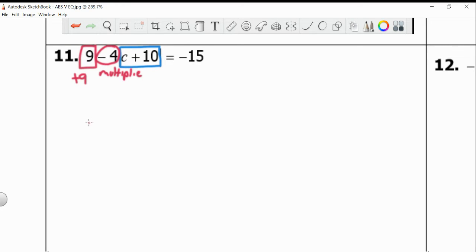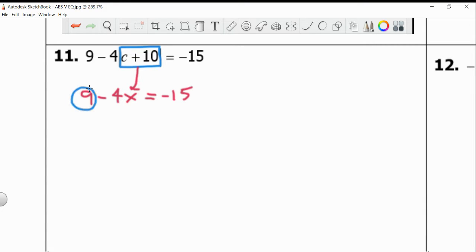This is kind of like if you want to make a new question that's very similar. This is like if we had 9 minus 4x equals -15, right? Let's just pretend that the x, or the absolute value, is an x, okay? Think about it like this. Now, how are we going to move to get the x by itself? What's the first thing that we need to do?